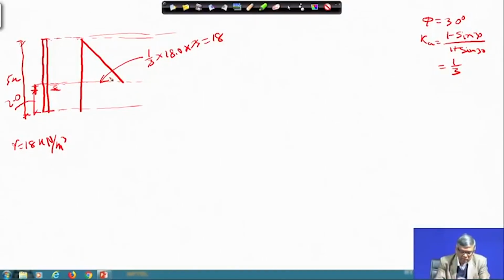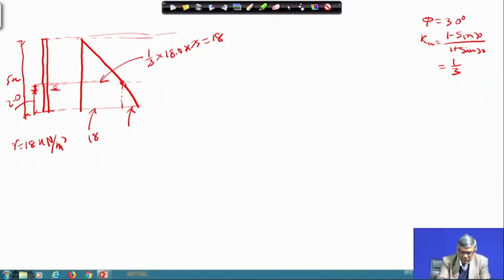And now, below the water table what will be the value? You can assume this much pressure is already acting here, and because of the soil from here to here additional pressure will come. When I consider soil from here to here, it is submerged, so submerged unit weight will be taken. So, that diagram may come something like this. So, how to find out this one, already 18 is there, and what is the value of this?